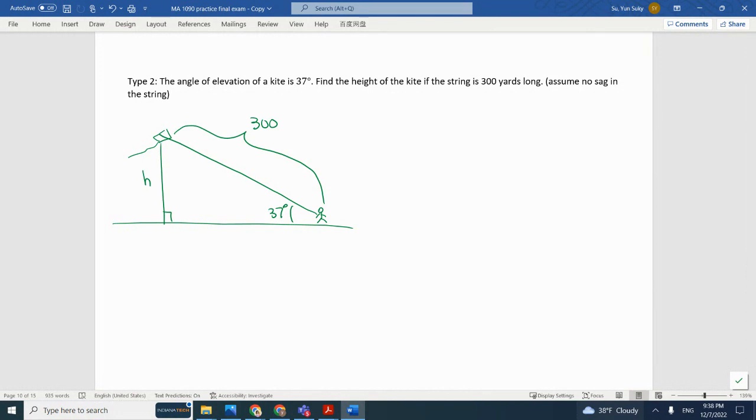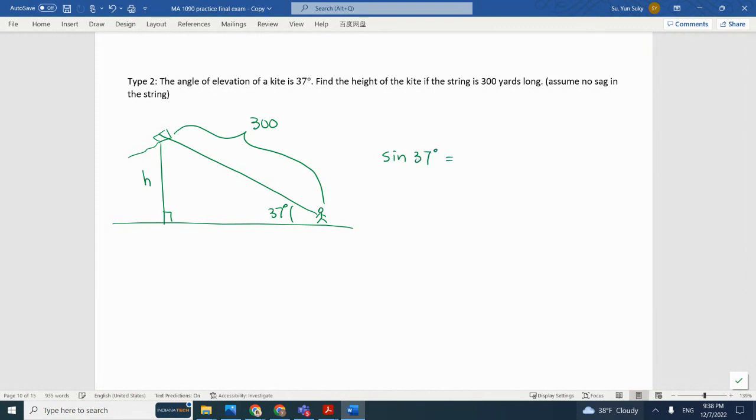All right. You see this is a right triangle, and we're looking for h, that is the opposite. The 300 is the hypotenuse. Knowing opposite and hypotenuse, which trig function do we use to relate them? It is sine, right?